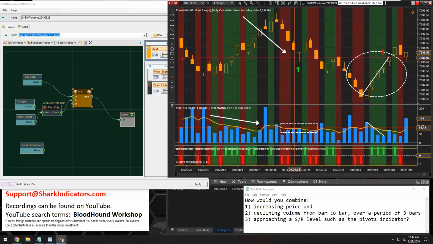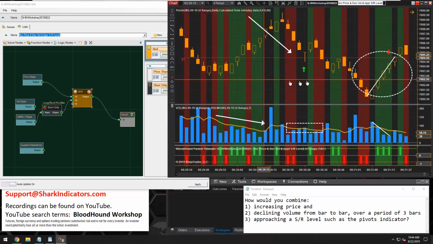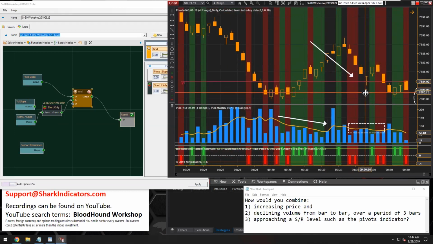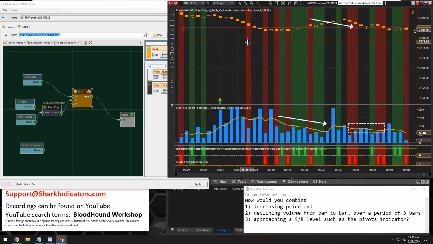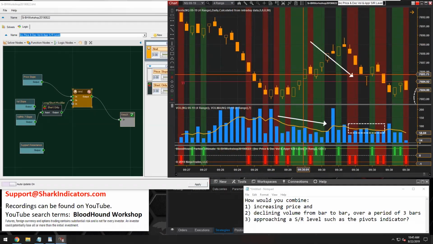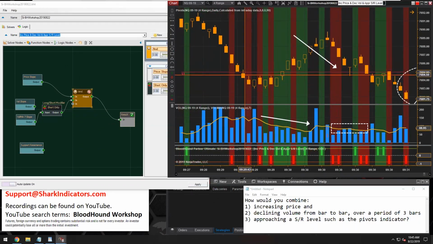As we can see, volume literally started increasing in this situation. So this wasn't ideal for a long. Let's see, how about over here? No, volume is increasing, so that's not going to work either. All right, so we'll find a situation where we'll get a long signal here in a moment.